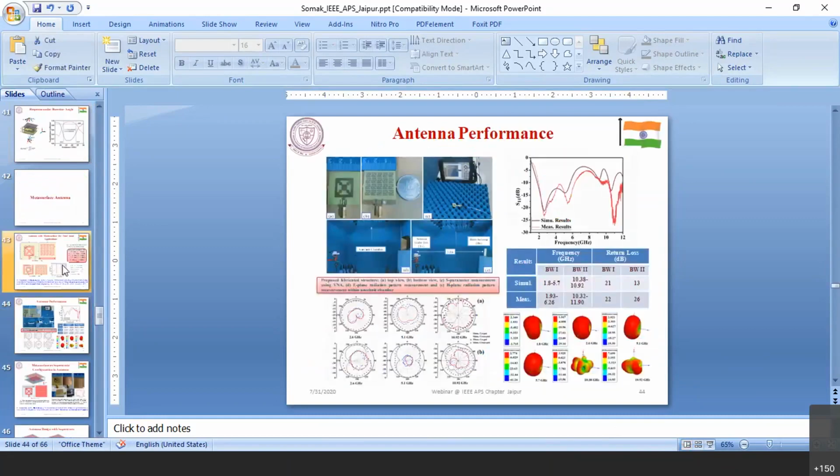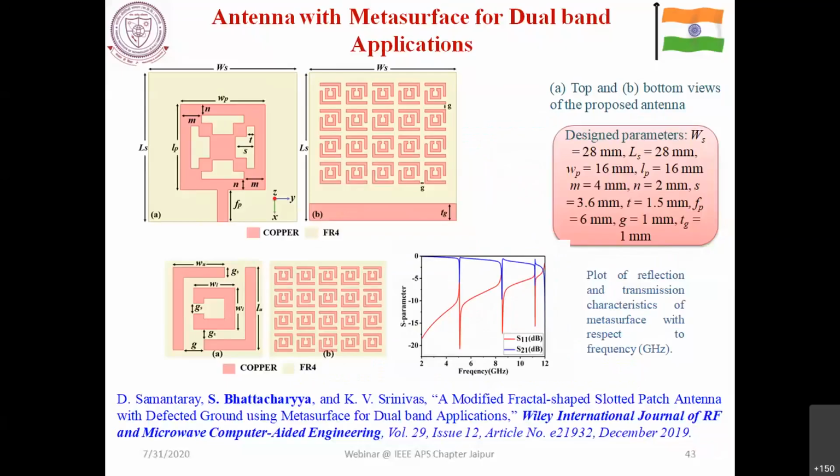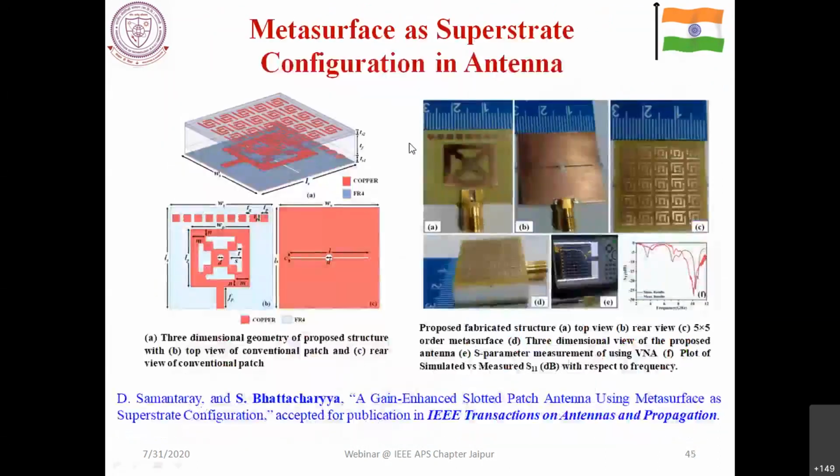Even in this structure, this is a DGS, a defected ground structure. This is the bottom view. Instead of the complete metal, you have a defected ground over which these metallic patches have been printed. If you go to the next one, here also you have the DGS. Obviously, you can go with a DGS structure to enhance the bandwidth.